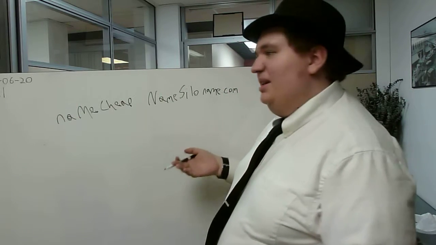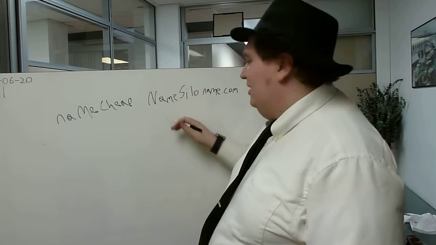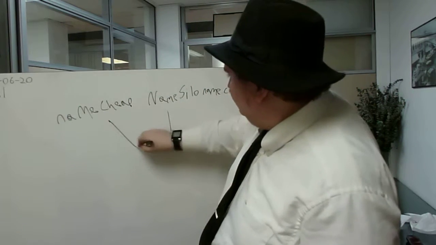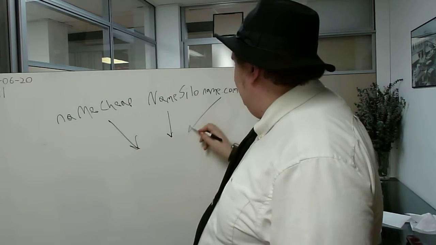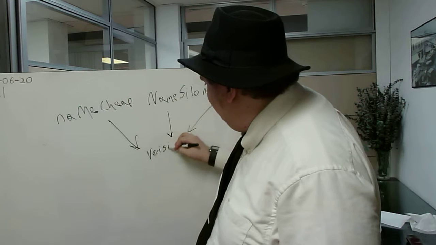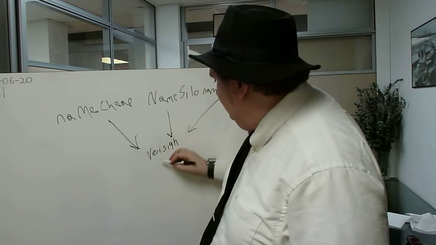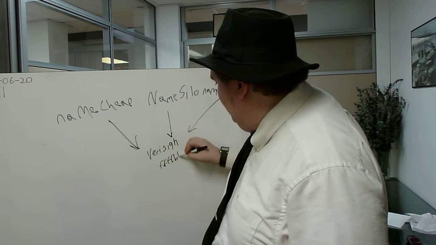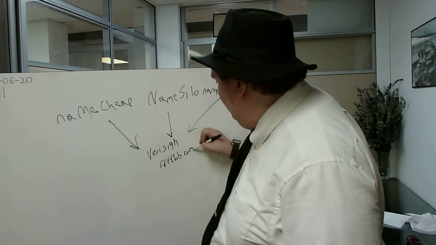That's $8.99. Then you pay NameSilo, and then any of these guys will tell VeriSign, we just sold that .com.